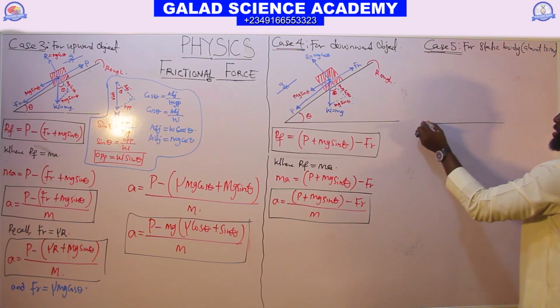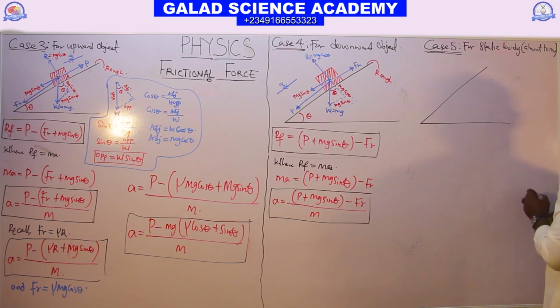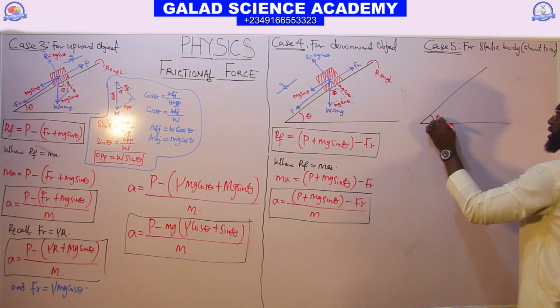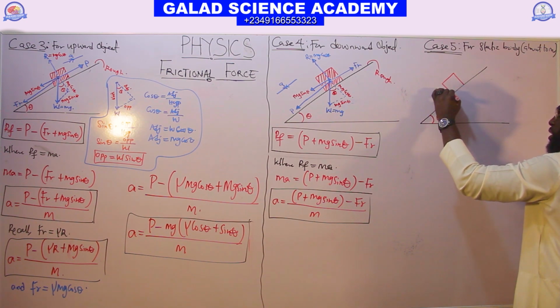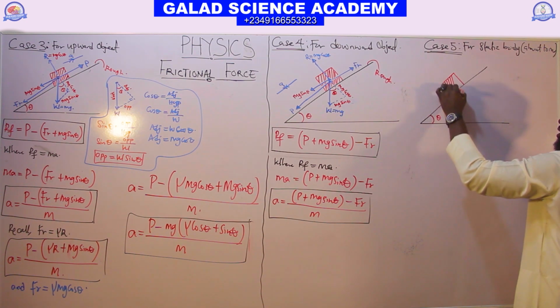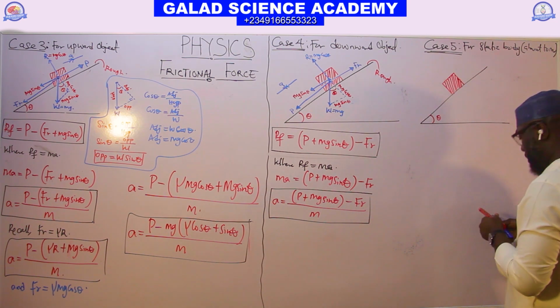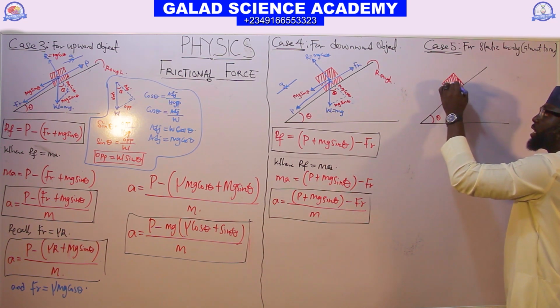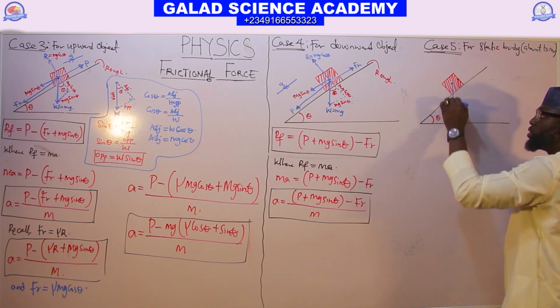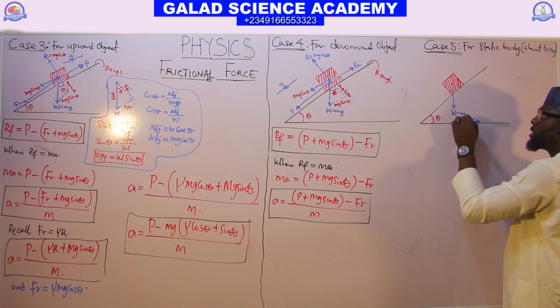Let us look at case 5. We have an inclined plane like this, and the angle of repose here is theta. The block that we place here is this, but note that the block is at rest. So this is the weight of the block, W, which is mg.